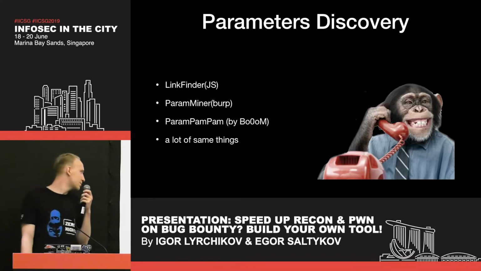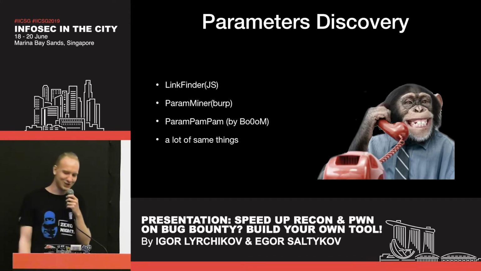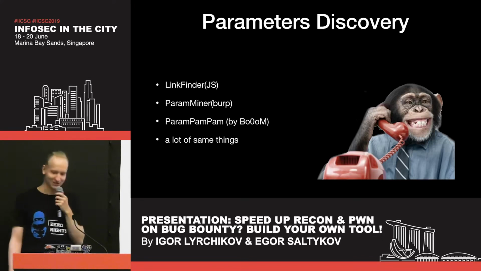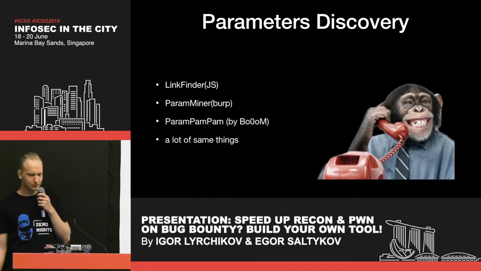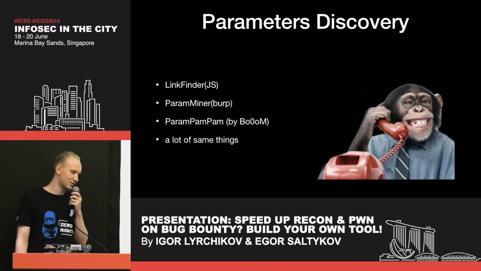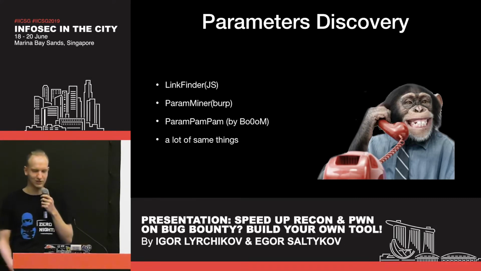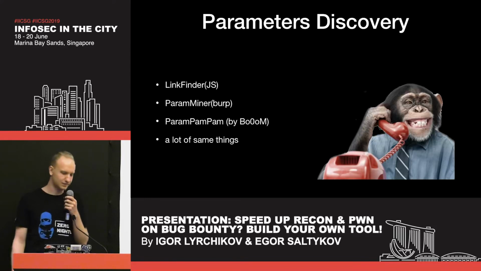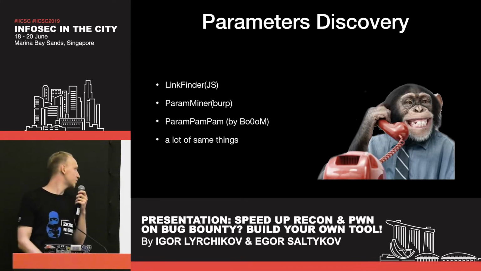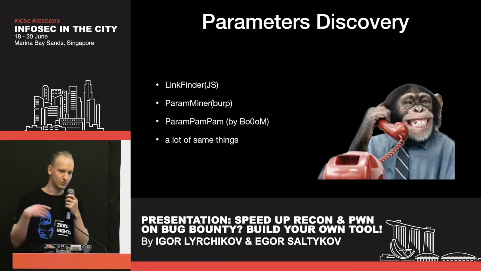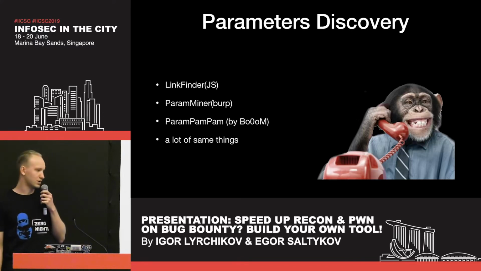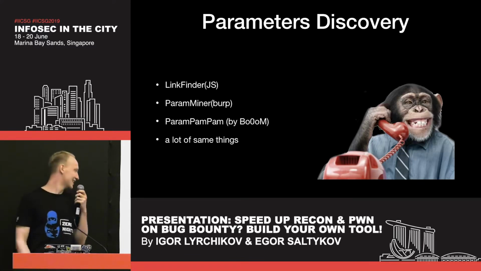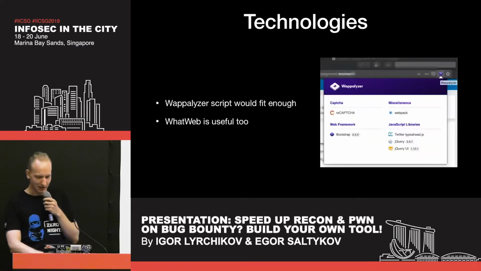Then you can try the ParamPamPam script, which was created by my friend, a Russian researcher, Boom, maybe you've seen his reports, and it uses some kind of magic mathematical algorithms to reduce enumeration time, so it works quite well when you need to brute force something really quickly. I heard about a script called Arjun, but I'm not quite sure that it's used in our tool. So a lot of the same things might be used as well.